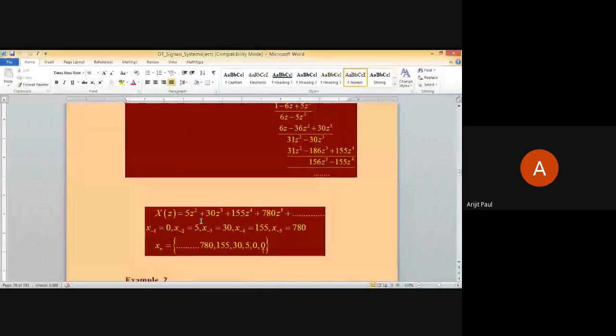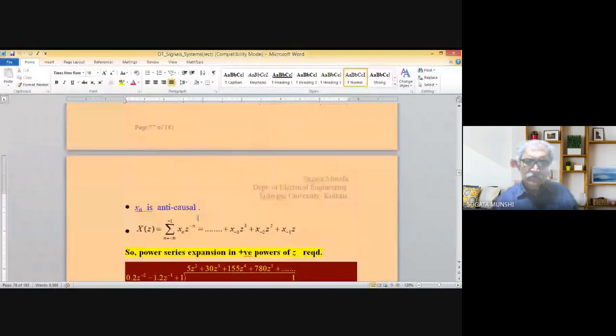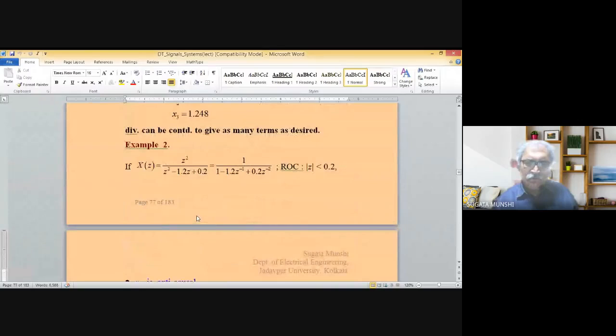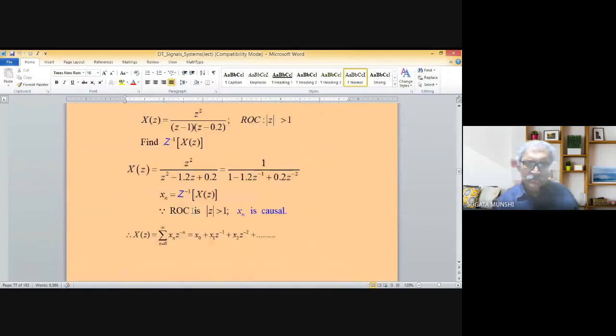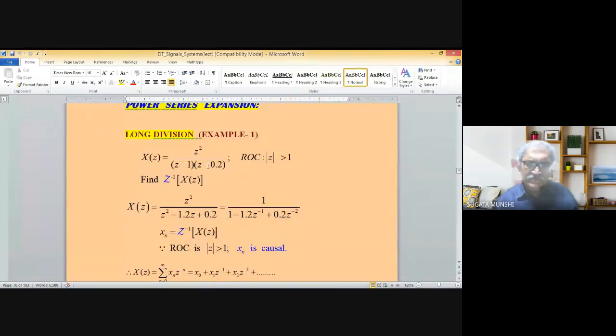Yes, sir. Now, I was considering the long division method for obtaining the inverse Z transform. This was the example. Given X(z) and the ROC is mentioned, it implies that the inverse Z transform will be a causal sequence.